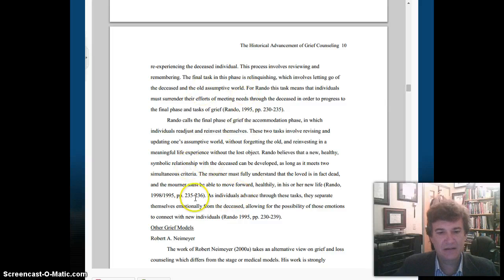I'm going to end this section of our lecture before we move on to other grief models like Robert Neimeyer, who are very contemporary. Because I'm going to cover those grief models when I begin talking about my own grief model.